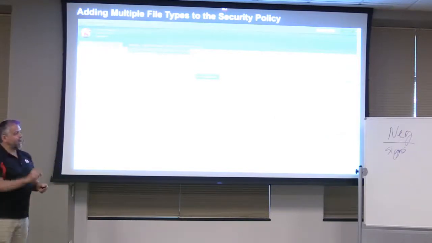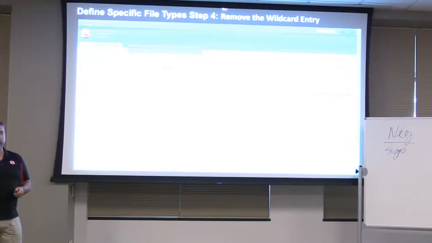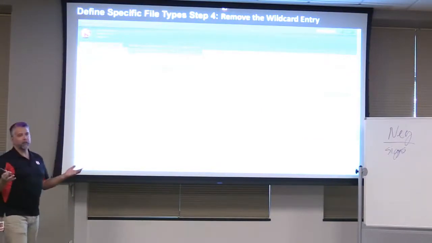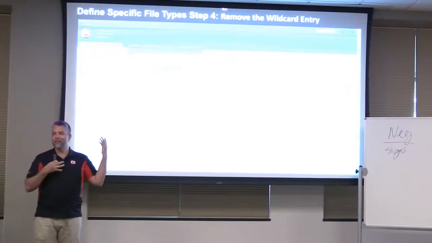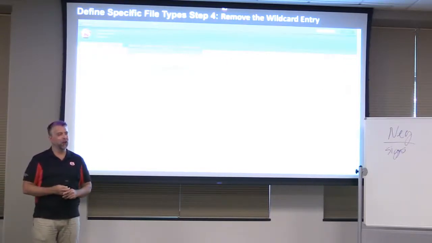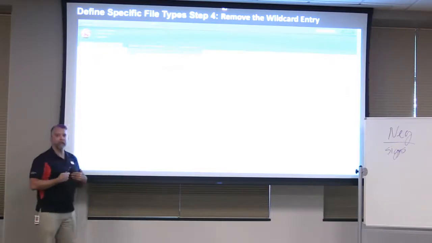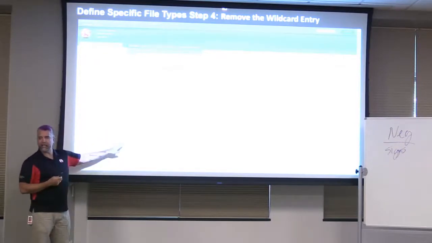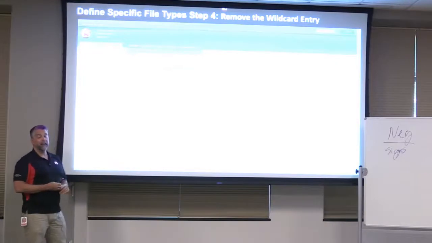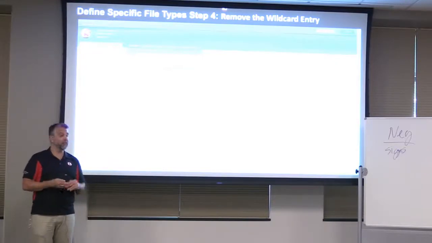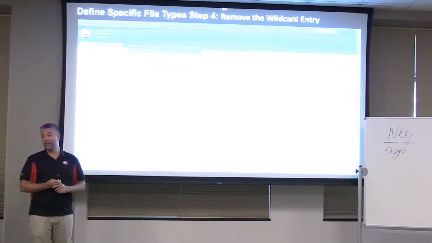So now I think I must be close to done with my file type list, because we've been running this for 3 weeks. These are all the file types we've seen so far. So I'm feeling pretty confident that this is my complete file type whitelist. Now, does that mean that we haven't missed something? No. Maybe there is something that we've missed and nobody's requested it in the last 3 weeks.